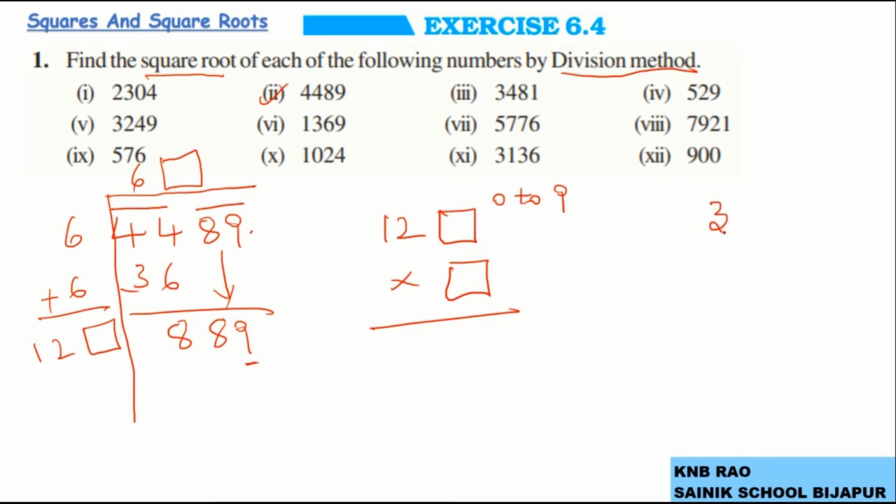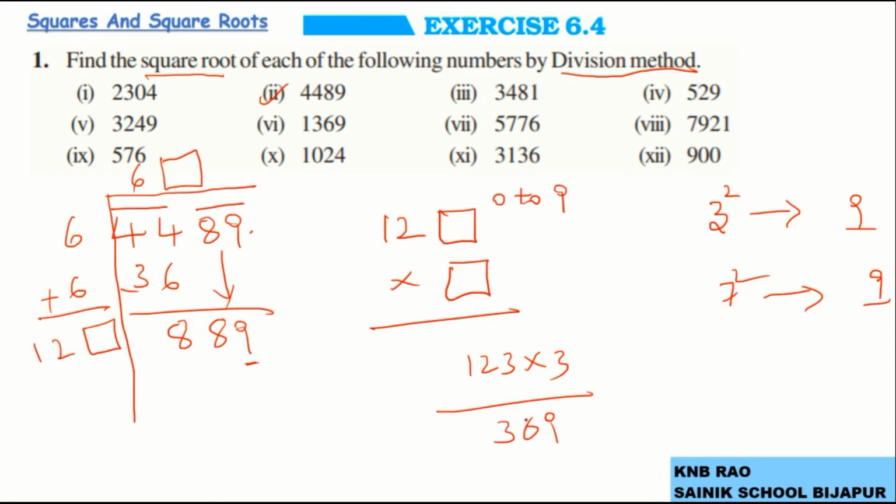Certainly either 3 square ends in 9 or 7 square ends in 9. So this could be either 3 or 7. Suppose I take 3: 123 times 3, 3 3s are 9, 3 2s are 6, 3 1s are 3. So it is less than 889.